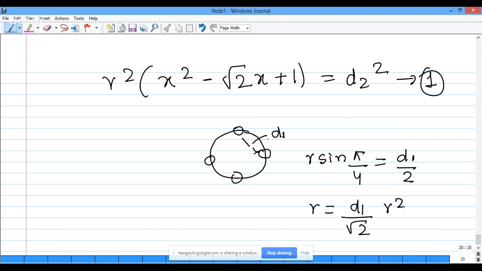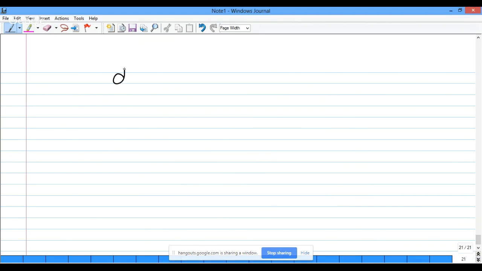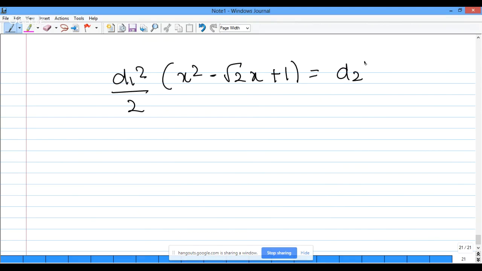And thus from this I get r squared is d1 squared by 2. So now I can plug this value of r squared in this expression, and I get d1 squared by 2 times (x squared minus root 2 x plus 1) equals d2 squared.